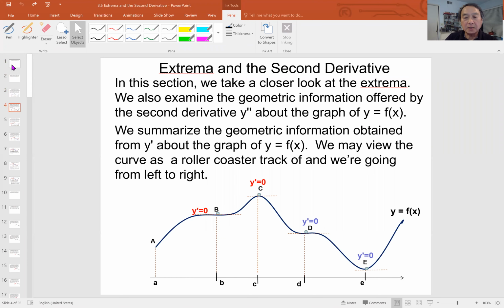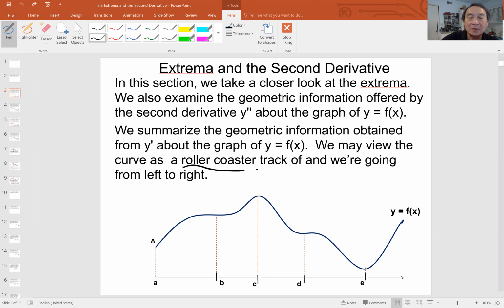There are a lot of visual tricks we use to look at a curve and label whether the derivative is positive or negative, and the same with the second derivative. Here we view the curve as a track of a roller coaster going in that direction.